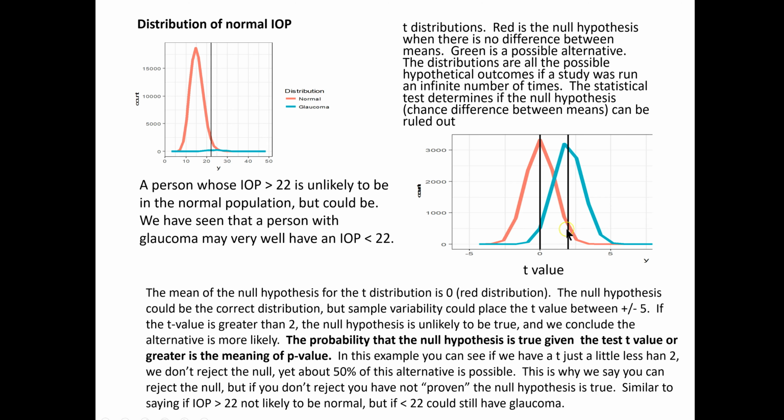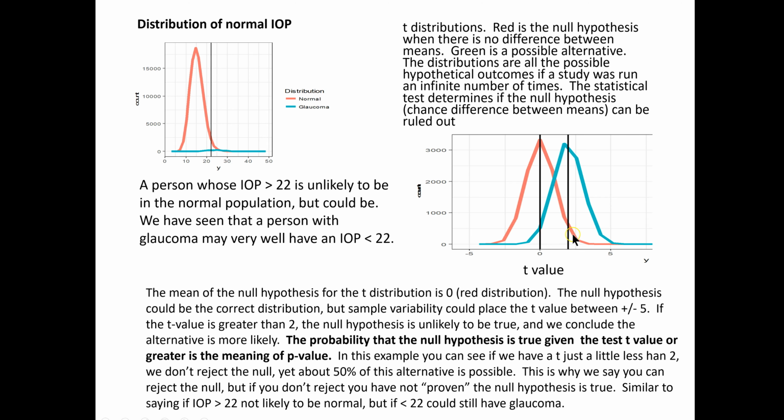And if the t-value exceeded something a little bit greater than 2, let's say it was right here, well, we would look at this probability density under here, the number of t-tests that are beyond 2. That's the portion where we would say it's possible to be out here, but it's unlikely that your null hypothesis is true.